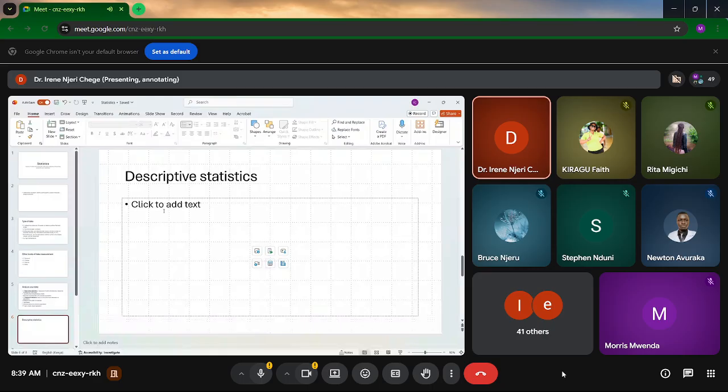So when we talk about the measure of central tendency, I can tell you about the mean. What is the mean of this data? The mean just means we add everything and then we divide by the number.